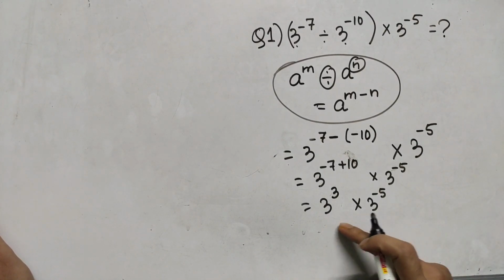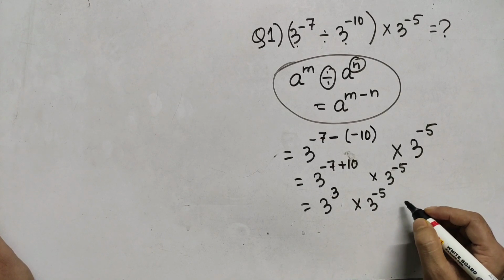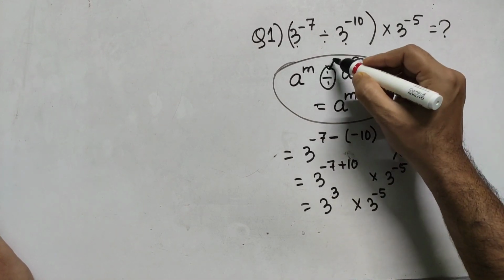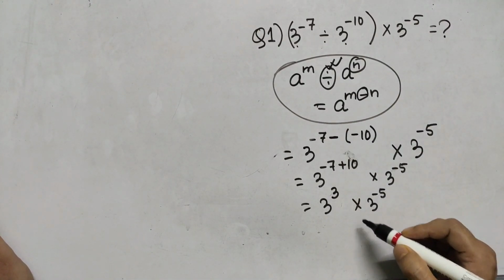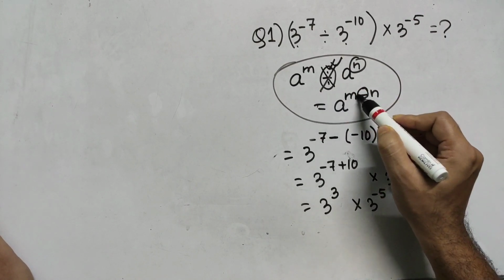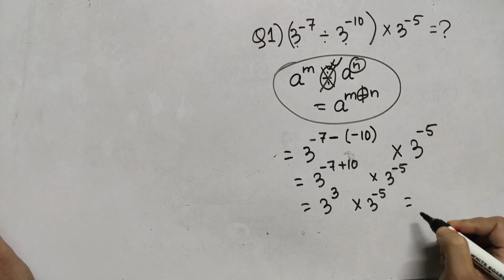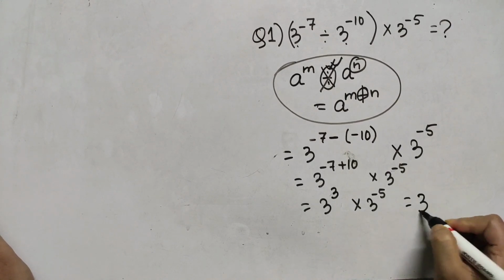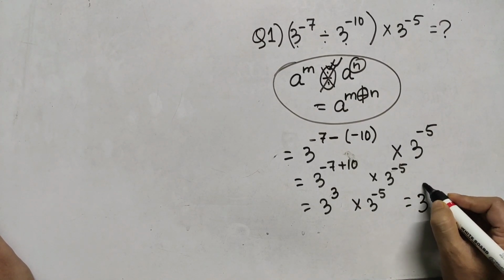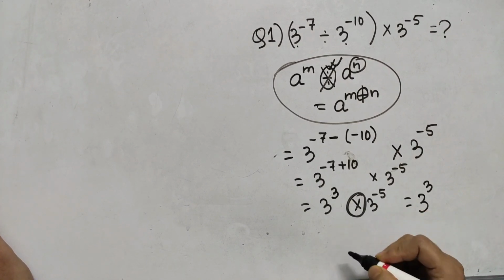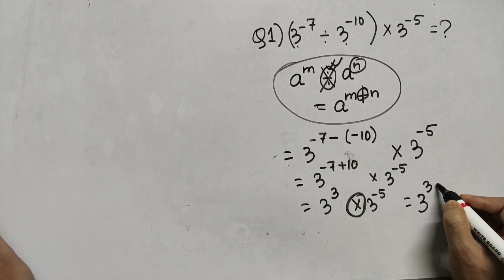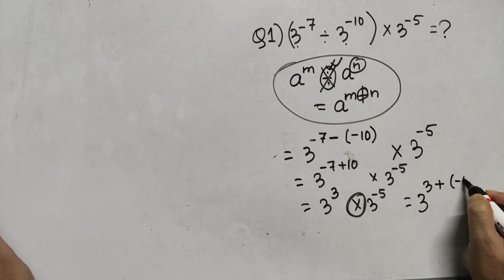Again we'll use the property of multiplication. In case of division we have minus, and if it is a multiplication sign we'll do plus. Let's write the base, which is 3. Let's write the power 3, and as we have a multiplication sign we need to do plus of minus 5.